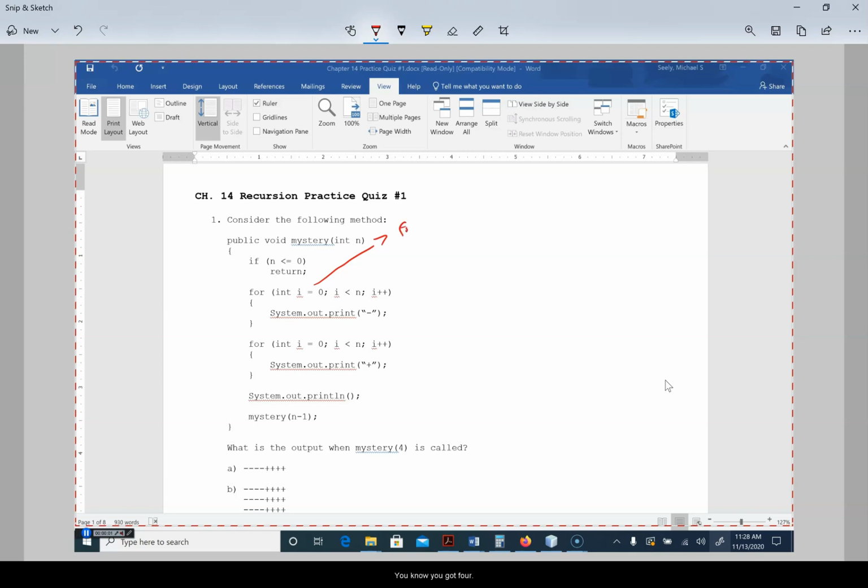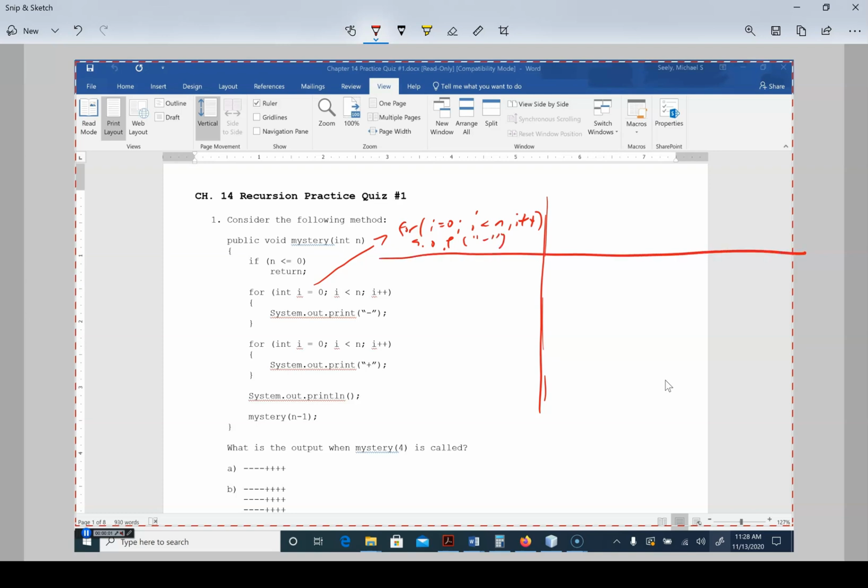This is going to be hard for me to get in on this thing, so just bear with me. We'll say i is equal to 0, i is less than n, i plus plus. Then we got another for loop right after. This is going to be our s.o.p, and then we print a dash.